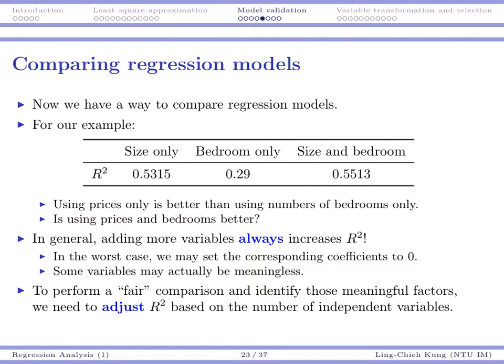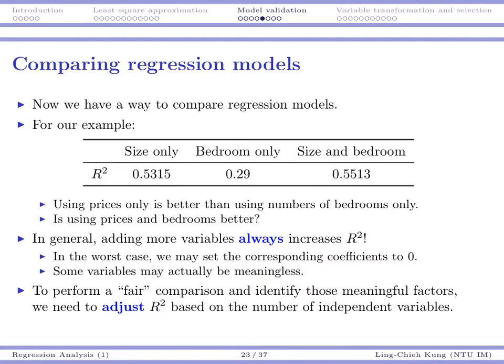R-square can be used to judge one model. Then naturally it can be used to compare multiple models. For example, for our two variables, size and bedrooms, we can do three combinations. We may use size only, use bedrooms only, or use both of them.